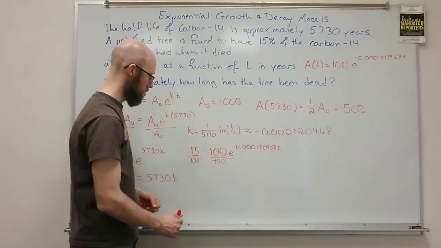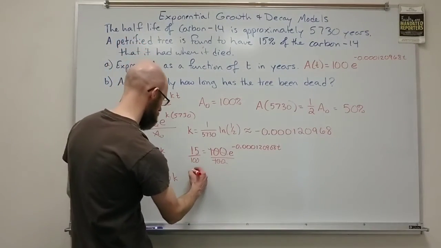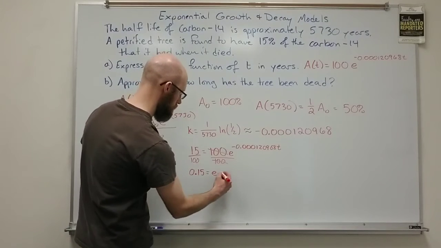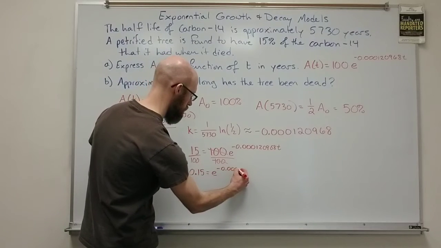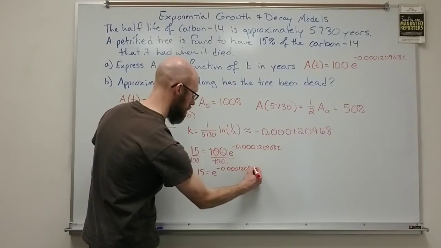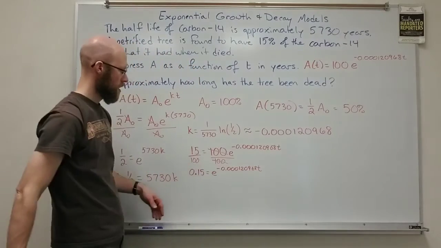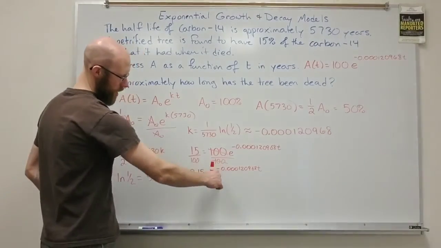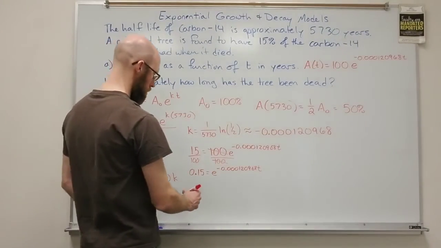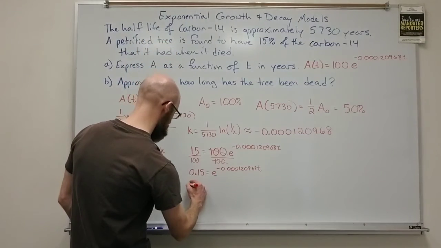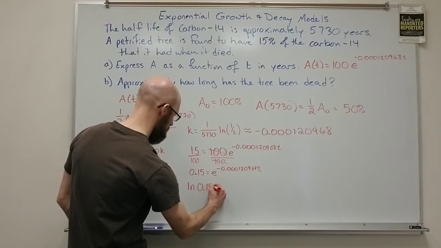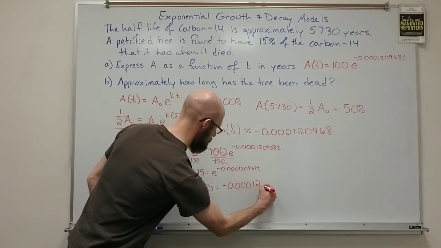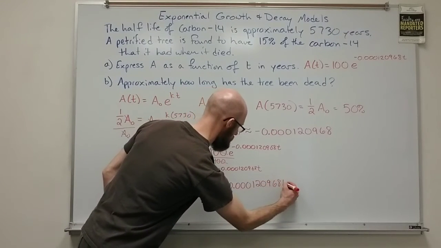So we're going to divide out the 100. 15 over 100 is 0.15 equals e to our decimal times t. Now I can take the natural log of both sides and cancel the e with our property of logarithms. And so the natural log of 0.15 equals negative 0.000120968t.